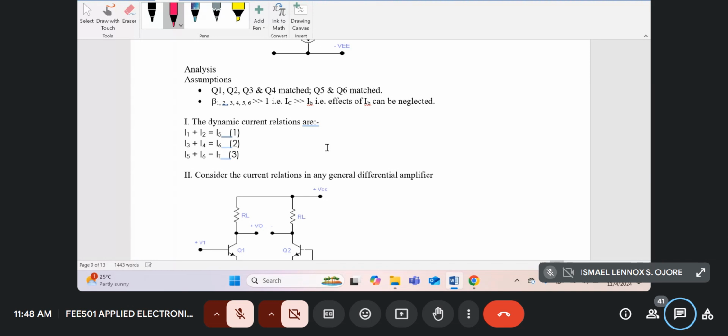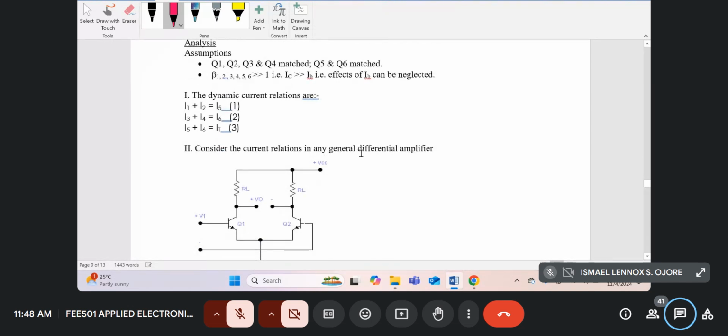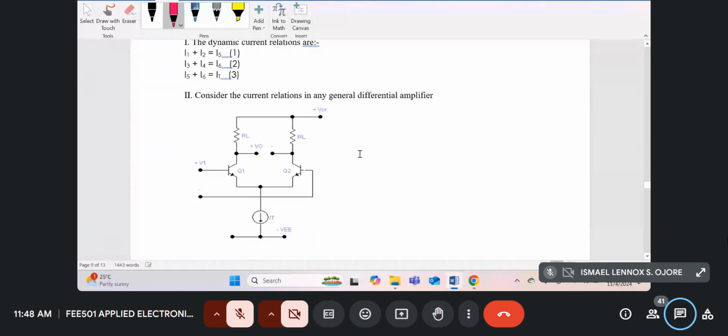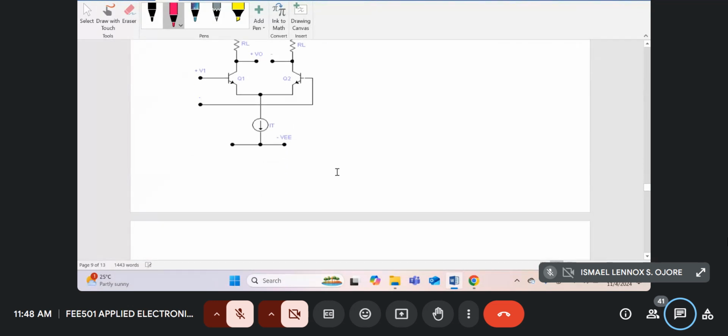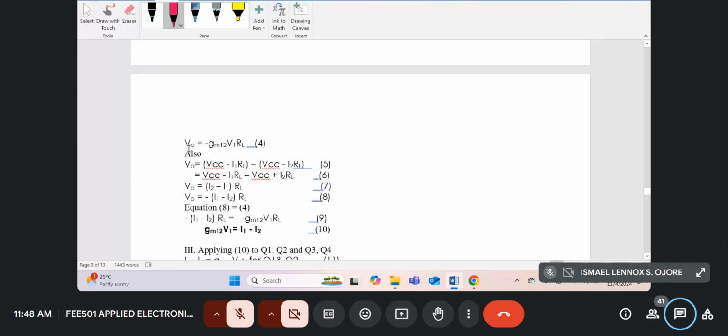So I hope that is understood. Now let's consider the input voltage to current relations of a general differential amplifier. So this is a general differential amplifier. If the input voltage is V1 between the two inputs, we notice the output. Then for the general differential amplifier, we know we can write that V0 is minus GM12, the 1 means transistor 1, 2 means transistor 2, into V1 into RL.